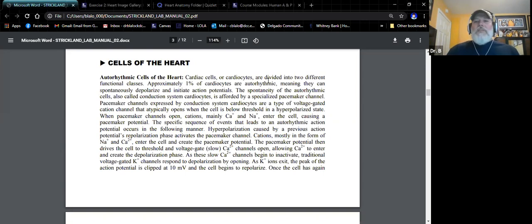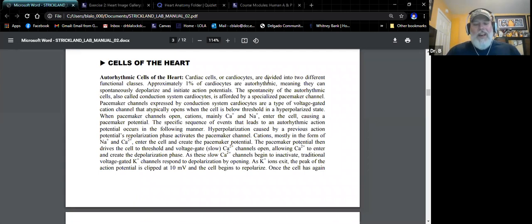There are going to be sets of cells which are going to spontaneously depolarize and generate action potentials. I know, there go those terms again, right? Depolarization, action potential. You thought you were all done with those from A&P 1, but we're not, because the heart's a muscle and it's capable of doing those things. So we're going to use ions, just like we used in other muscle tissue and in nervous tissue.